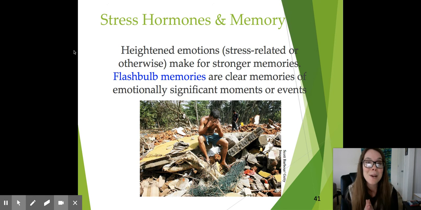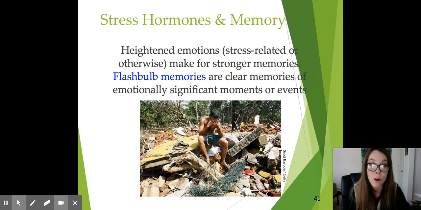So let's talk about stress, hormones, and memory because they all have something to do with it, right? Because remember, we automatically encode high emotional events, right? And this is where we have flashbulb memories, and we talked about this earlier on, but with heightened emotions, usually 80% of it is stress related. Another 20% is usually happy, but it makes for stronger memories.